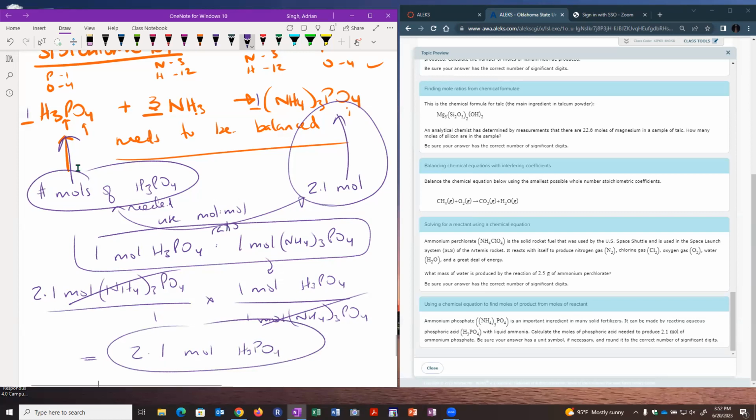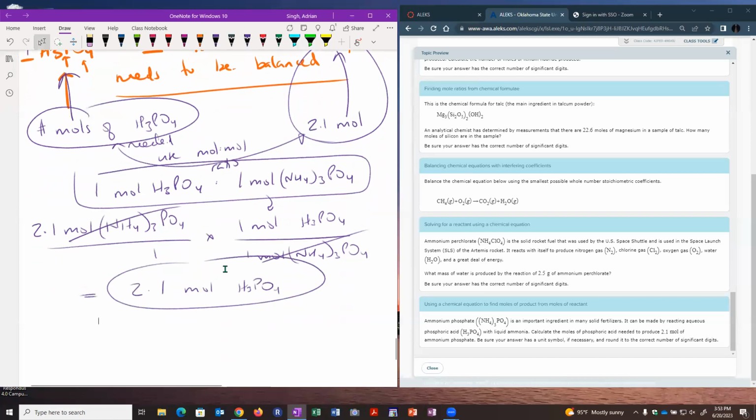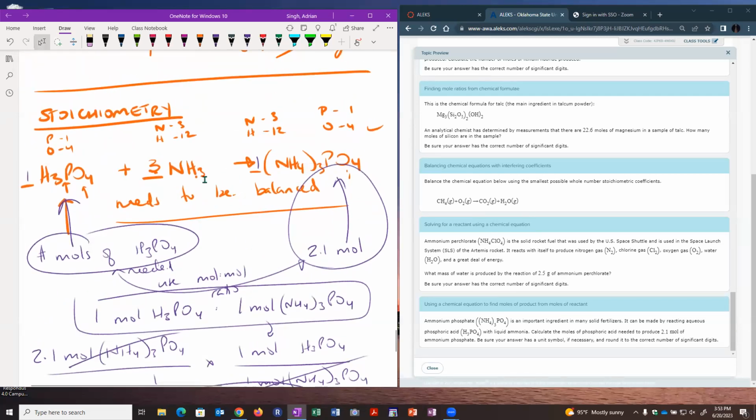You want to ensure that you have an equation written and that it is balanced. The numbers that we use to balance that equation are your mole-to-mole ratios, and that is the key thing in any stoichiometric calculation. They relate one thing with any other thing in that reaction.